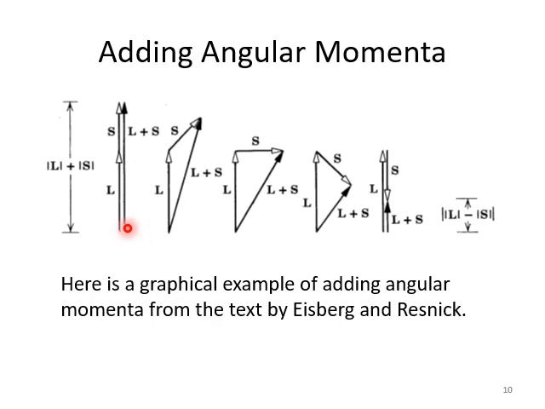And if the 2 vectors point in the same direction, L and S point in the same direction, then the total angular momentum is L plus S. I have different possible projections for the spin angular momentum.